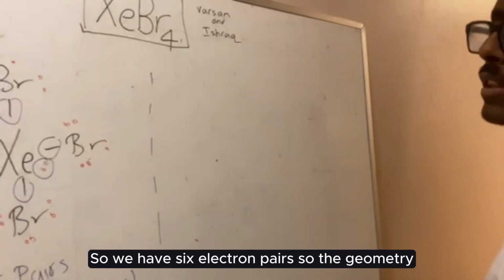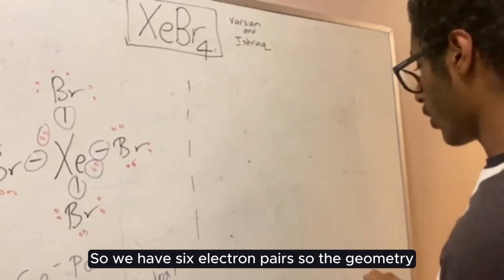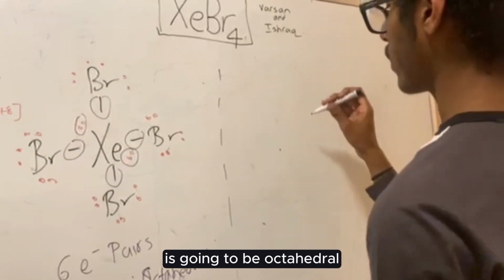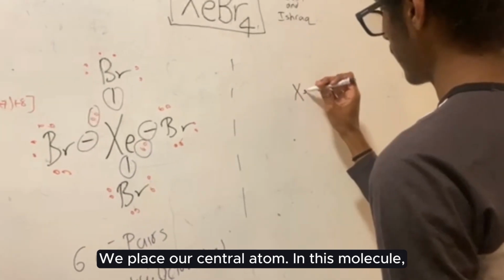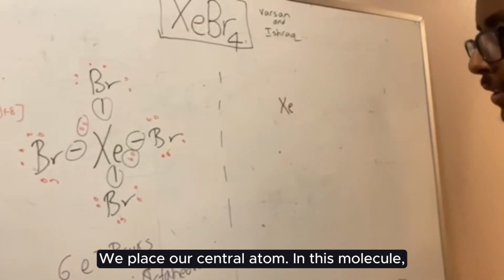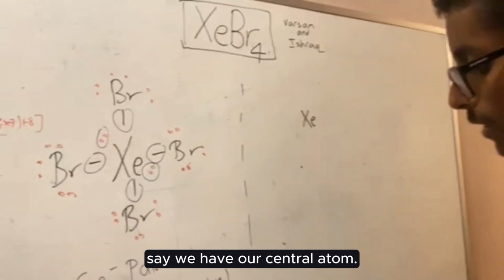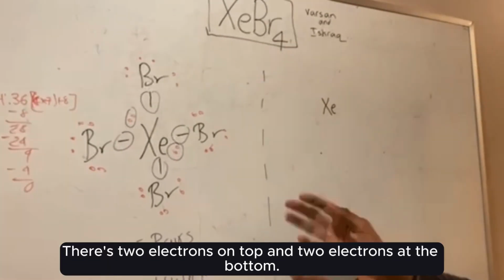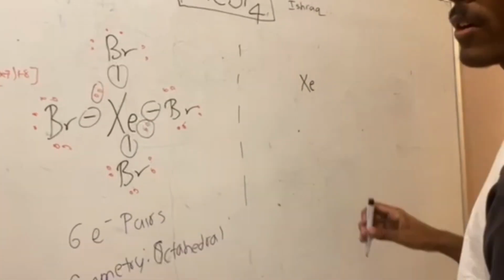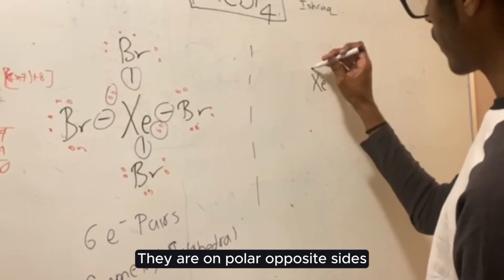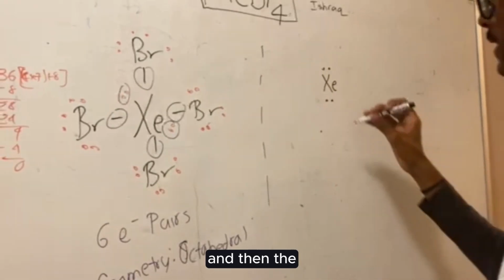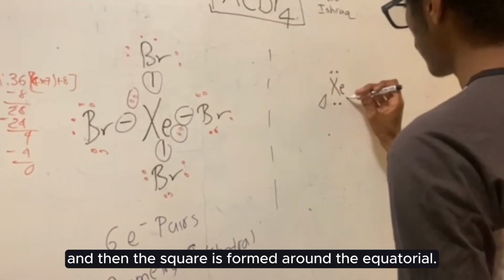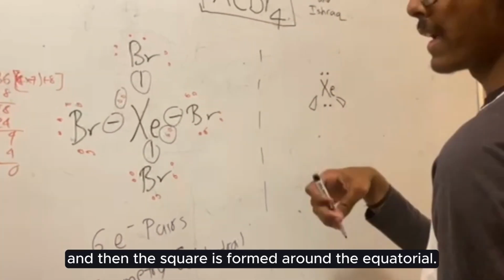So we have 6 electron pairs, so the geometry is going to be octahedral. So this is our central atom. In this molecule, say we have our central atom, there's 2 electrons on top, 2 electrons at the bottom. They're on polar opposite sides. And then the square is formed around the equatorial.